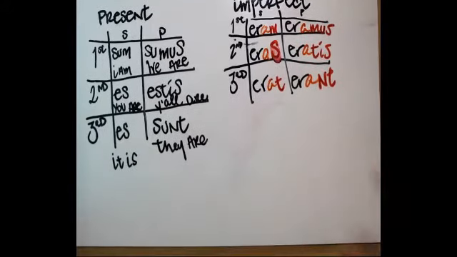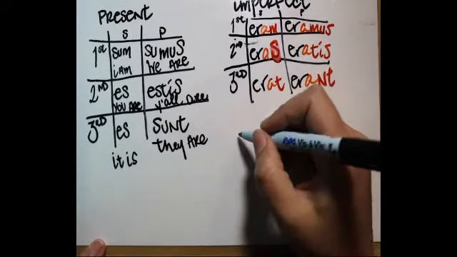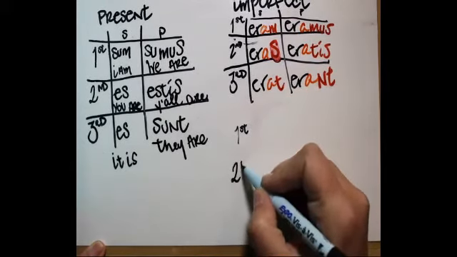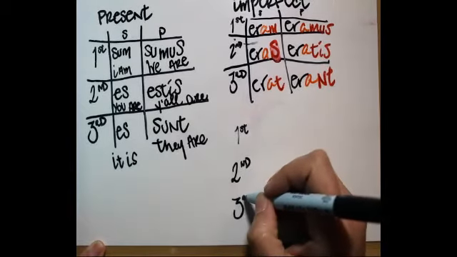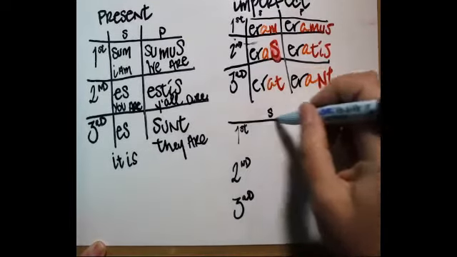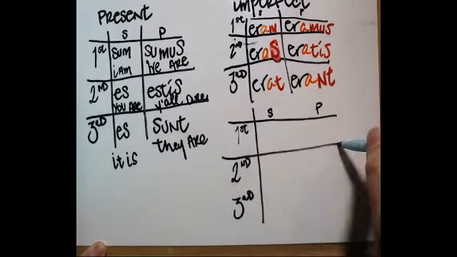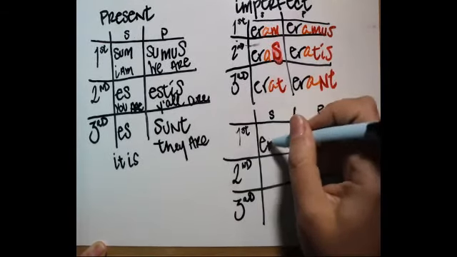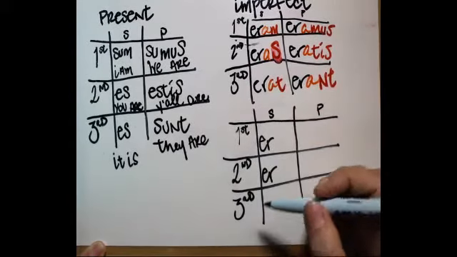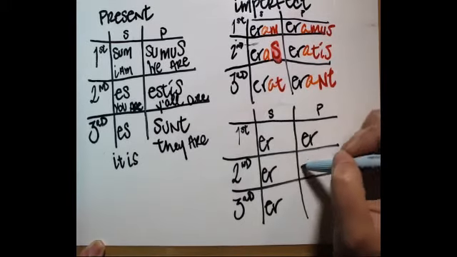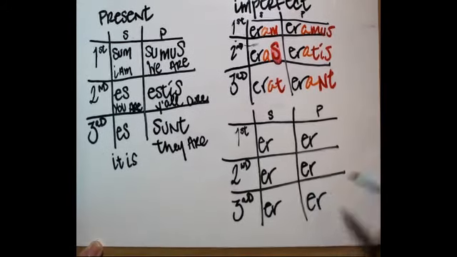And then in future, we do a little bit like we do in imperfect. Again, ER, ER, ER, ER, ER, ER.